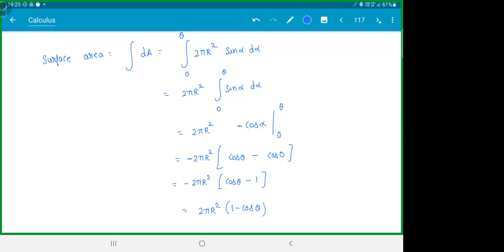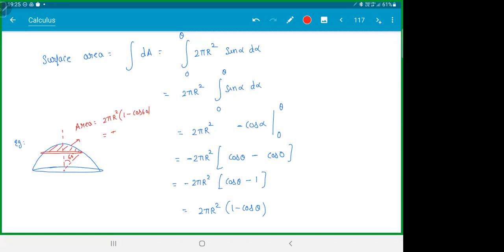Quite an important result. For example, if someone had given you a sphere like this, and let's say this angle is 60 degrees, meaning you want the area only till here. That shaded part's area would be 2 pi r square into 1 minus cos 60.